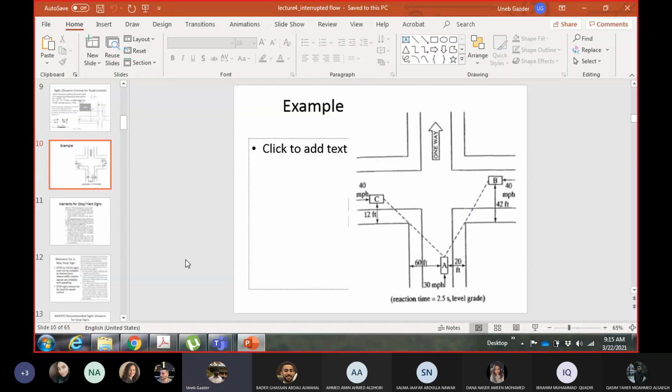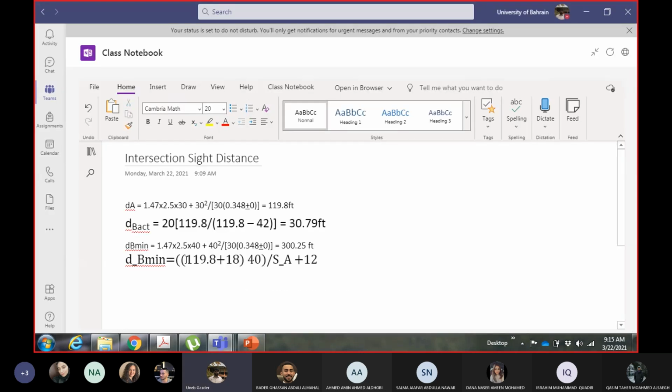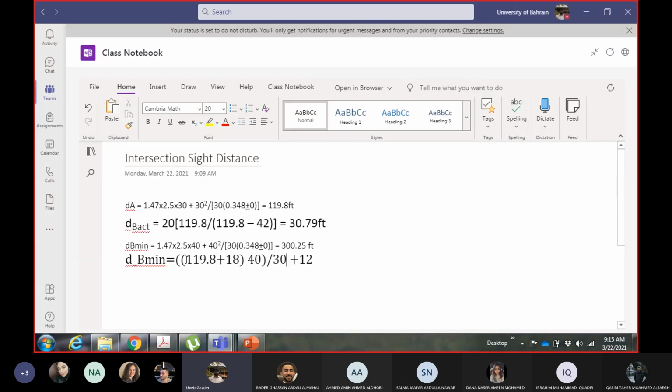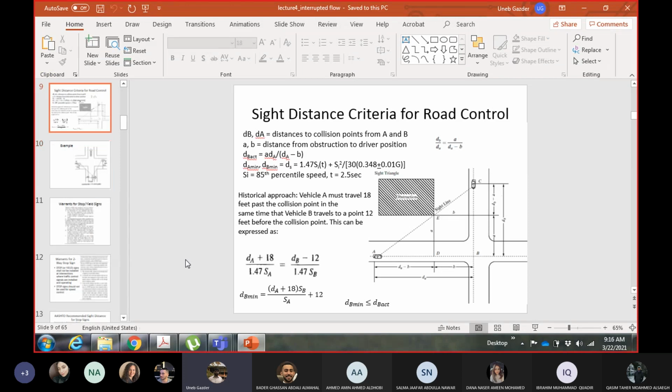Yeah, this 12 is out of the division. Okay, keep it in mind. 12 is not divided, so we need the speed on road A, which is 30. Okay, and then you add 12. So 12 is separately added like this.